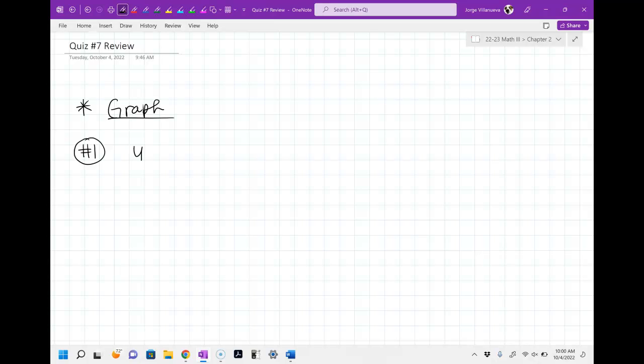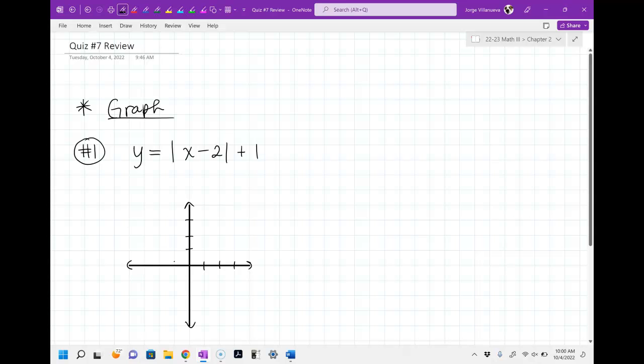First one is going to be y equal to absolute value of x minus 2, let's say plus 1. All right, so let me create a graph here. I think 3 by 3 should be good enough for that. 1, 2, 3. 3 up, 3 down, 3 left, 3 right.